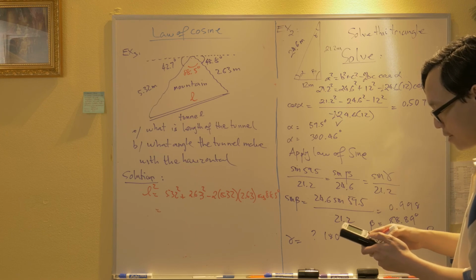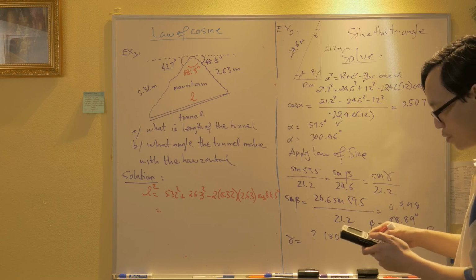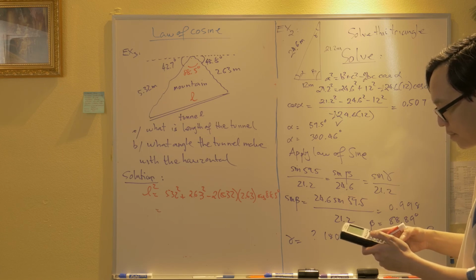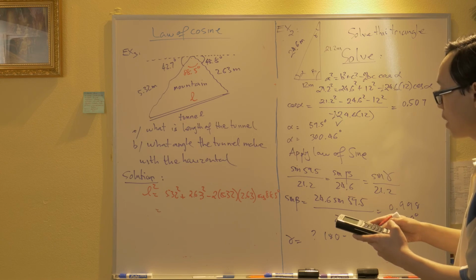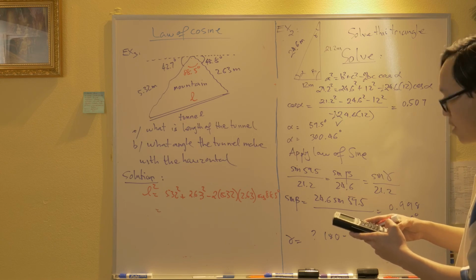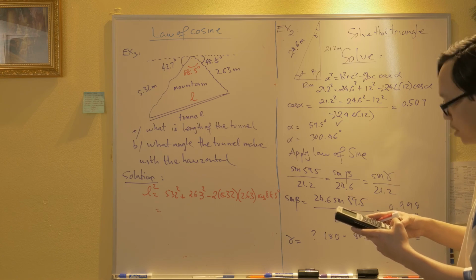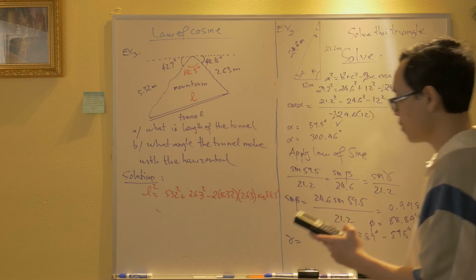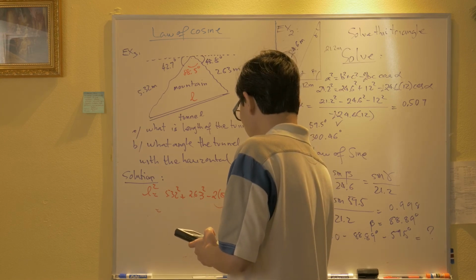I take the cosine of that, which gives 0.026, times 2 times 5.32 times 2.63, and that part over here is 6.521.